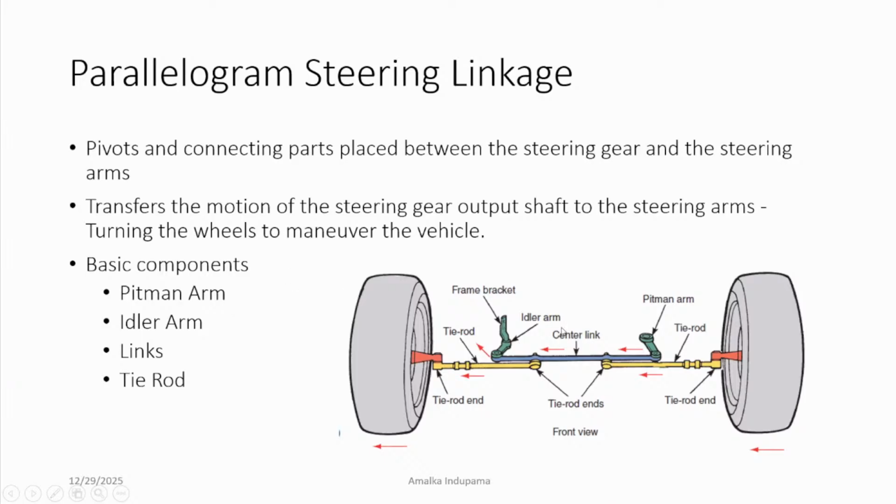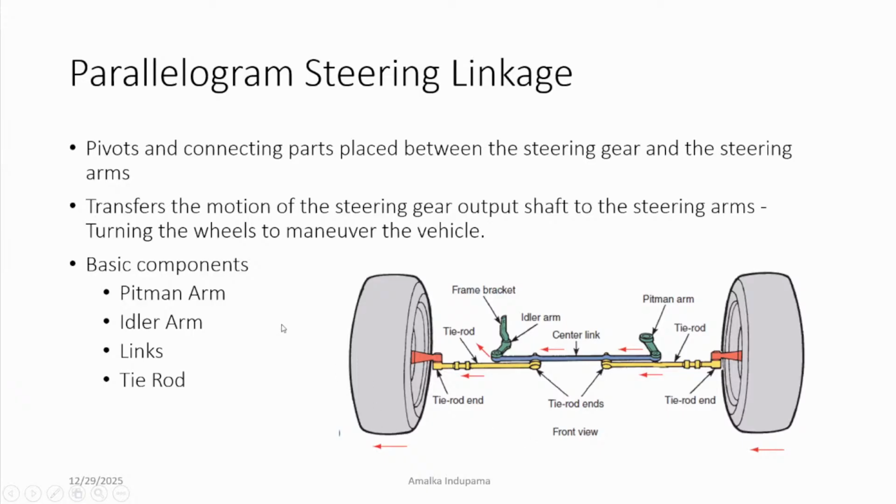These are the basic components: the pitman arm, our center link, and we have an idler arm to support the pitman arm and the center link, just to support the motion transmission. And we have our tie rod, where the outermost tie rod is called the outer tie rod, and the inner side is called the inner tie rod, right?